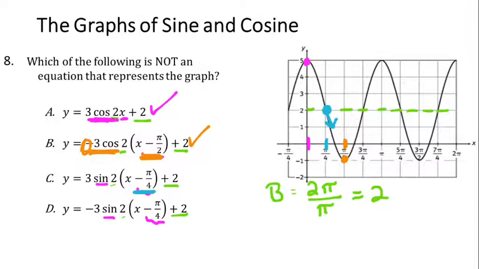And on C we have sine, but there's no negative in the front. If we look at D, everything on D is the same except that it does have the negative in the front. This is that sine equation with the negative in the front. And so D does work for our graph. C is the answer. C is the one that does not represent that graph.